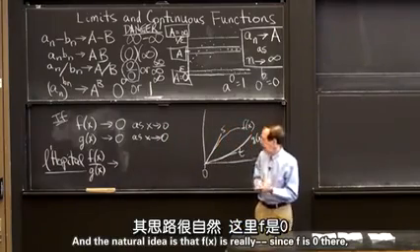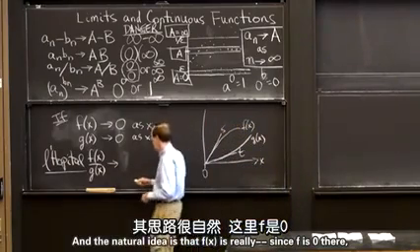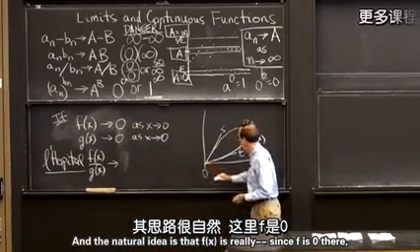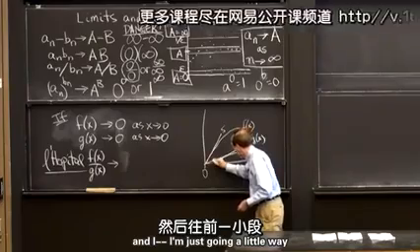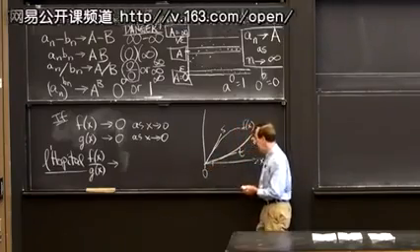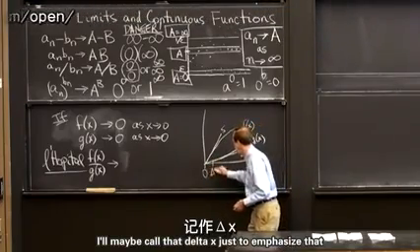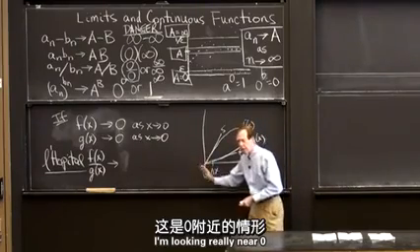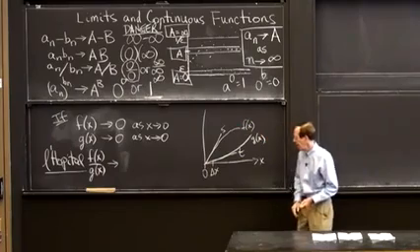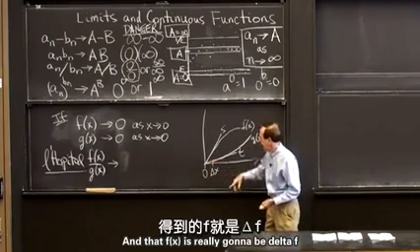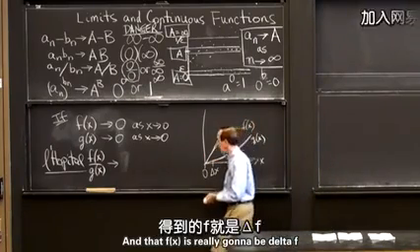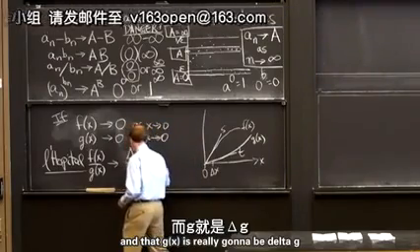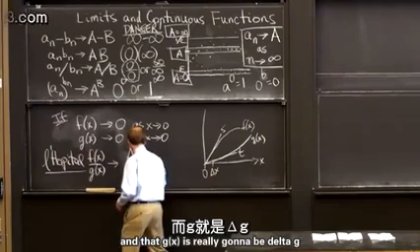And the natural idea is that f of x is really, since f is 0 there, and I'm just going a little way, right? So maybe I call that delta x, just to emphasize that I'm looking really near 0. And that f of x is really going to be delta f. And that g of x is really going to be delta g.